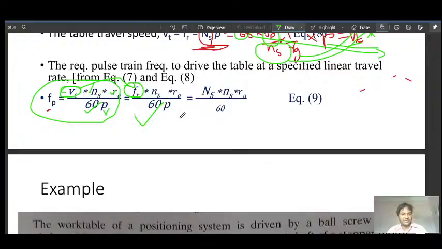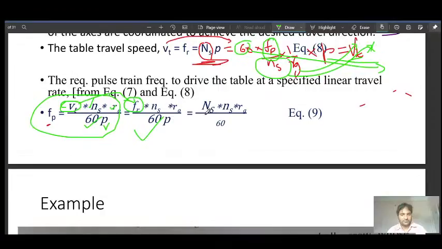Again, in the Ns form we can write the pulse frequency.